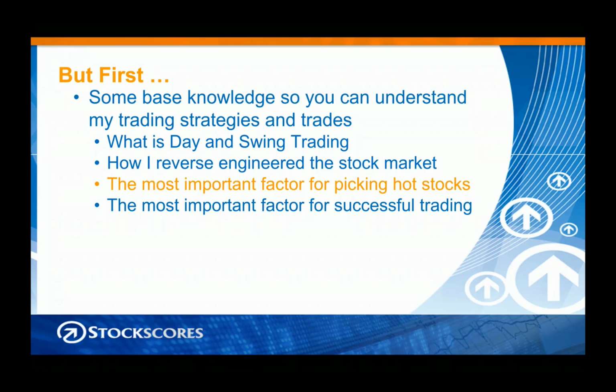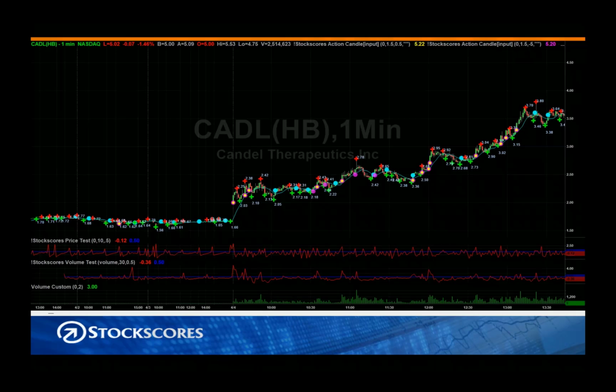But what I learned early on is that the best stocks, whether it was a day trade, a swing trade, a position trade, they tended to behave abnormally, and that's what telegraphed when they were going to make a big move. So here's a stock that we'll talk about later when I go through the actual trade on this stock.